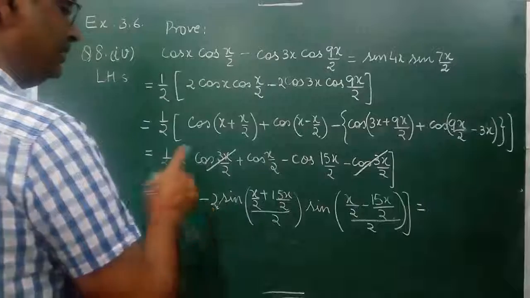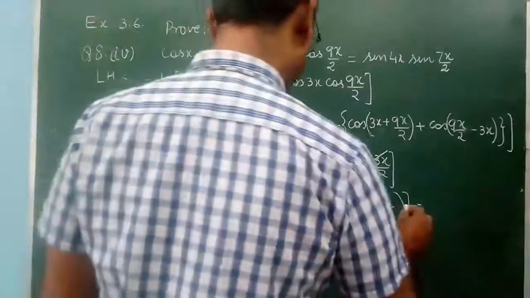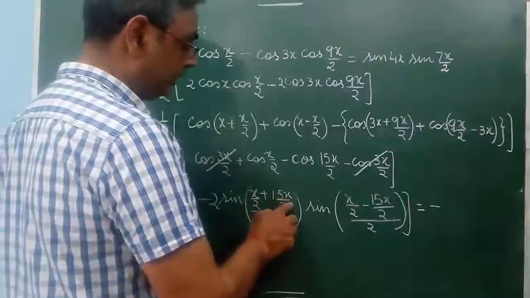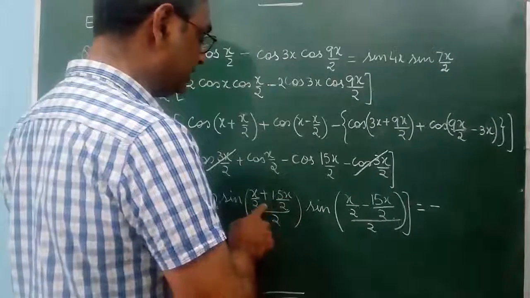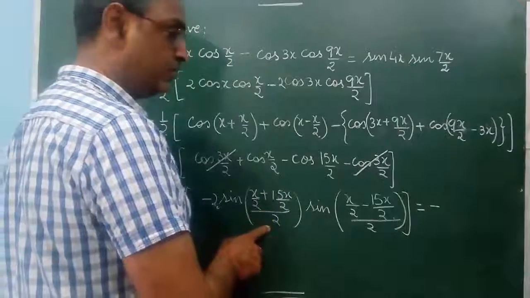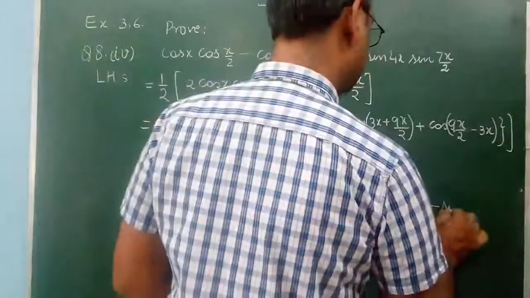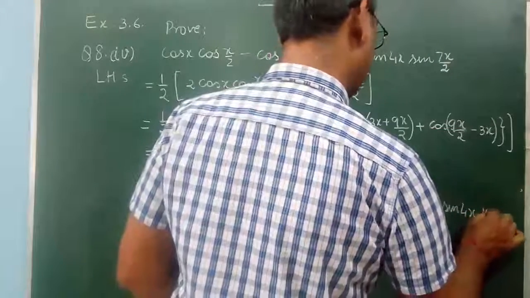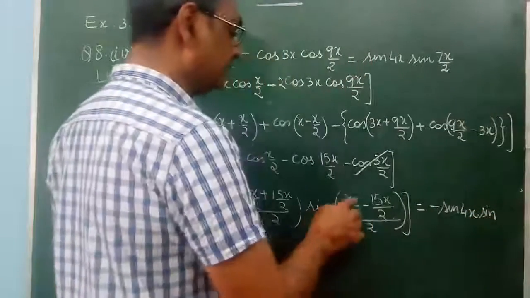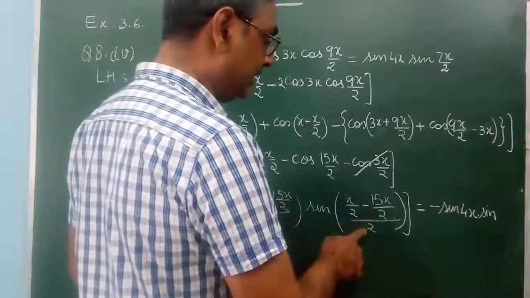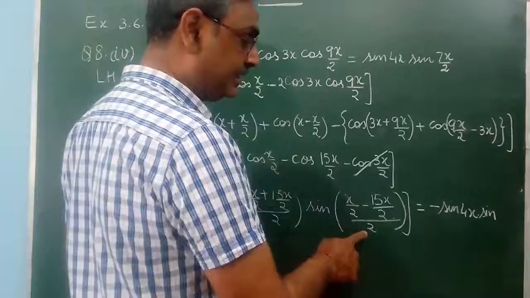These 2 and 2 will be getting cancelled. So what will be left? Minus x by 2 plus 15x by 2 means 16x by 2 means 8x. 8x by 2 is 4x. So sin 4x into sin, this is minus 14x by 2 means minus 7x, and this is minus 7x by 2.